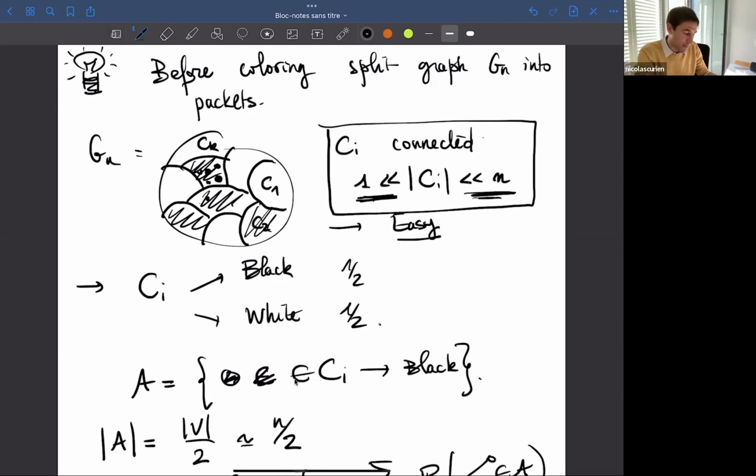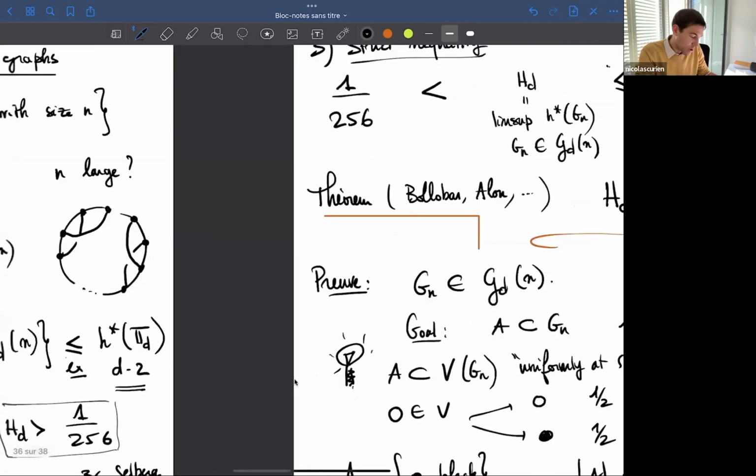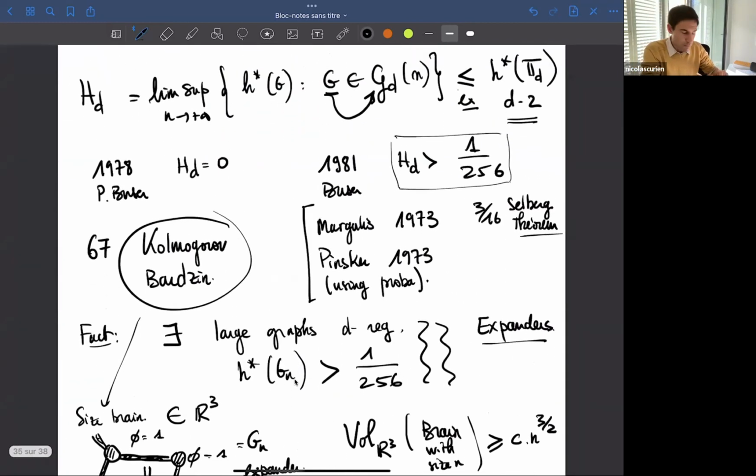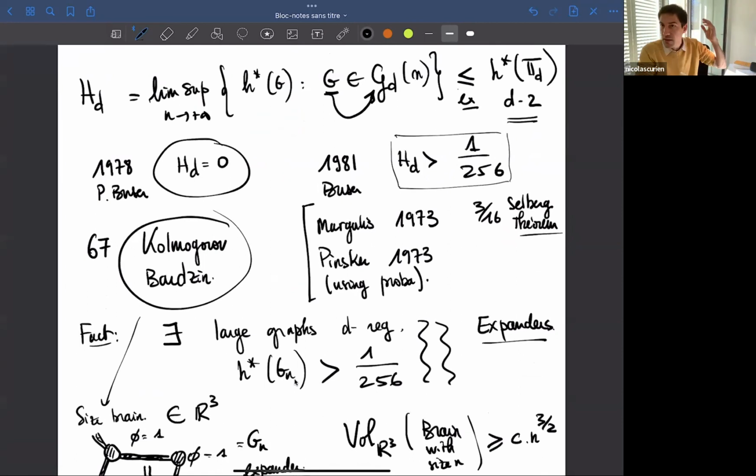Remember the question of Buser here? Buser was wondering 40 years ago whether you have graphs with large Cheeger constant. And here, if you take a random graph, then the Cheeger constant of this graph is bounded away from 0. So the probabilistic method now enters by picking the graph at random, and it gives a lower bound.